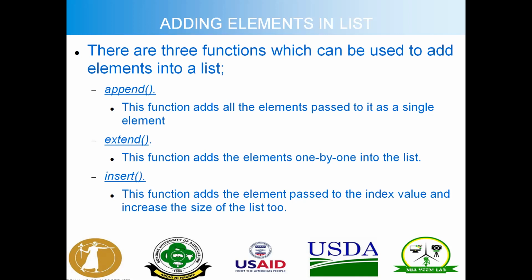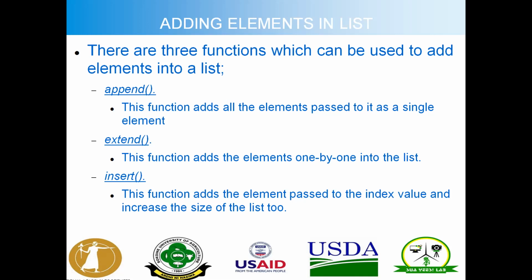You can also use the insert function to add elements to a list. Now, what are the differences between these three functions? The append function adds all the elements passed to it as a single element. And the extend function adds the elements one by one into the list.